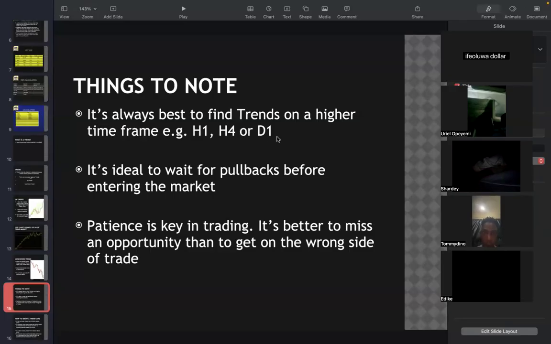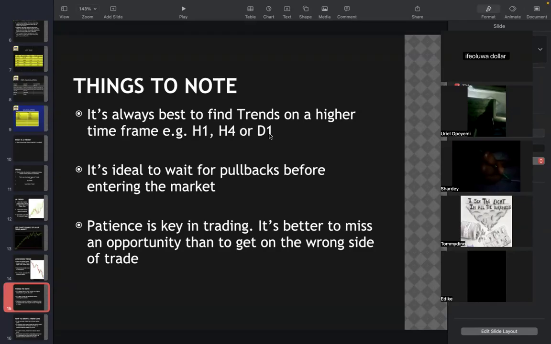All the candles you see on the daily time frame form for one day each. So it's so simple. After 1 hour, you always see a new candle. On a 4H, all the candles form for 4 hours each.